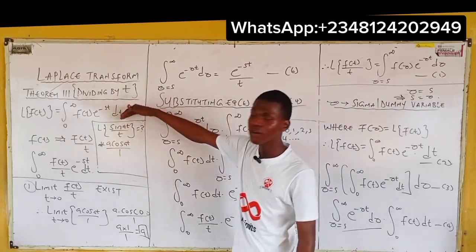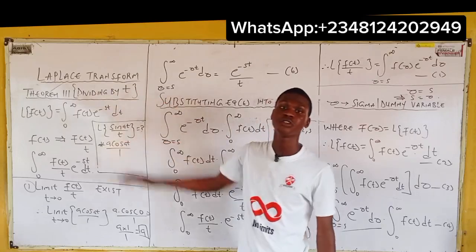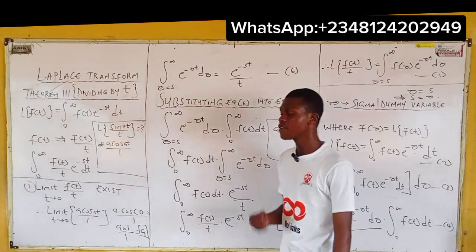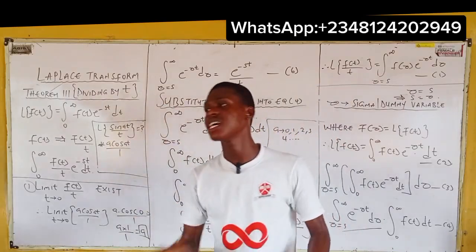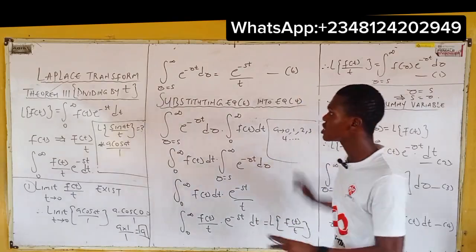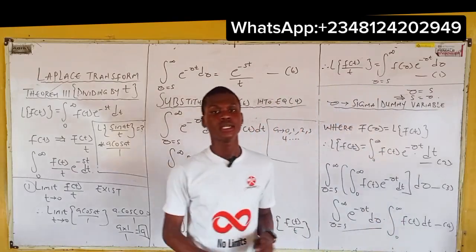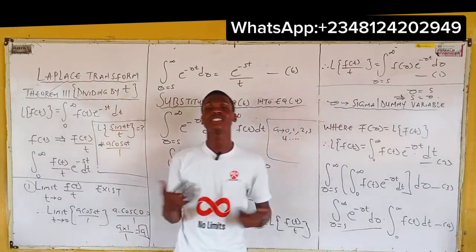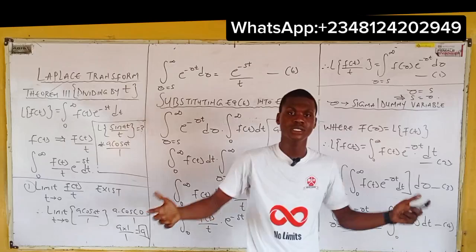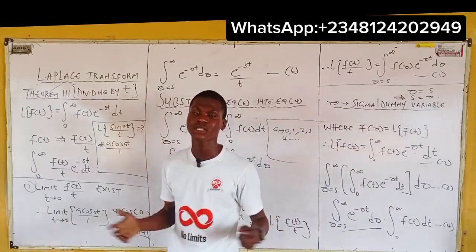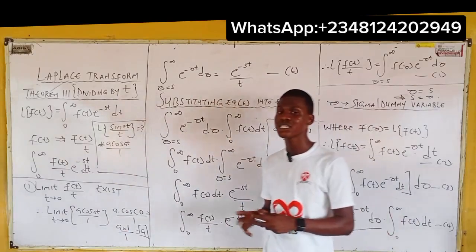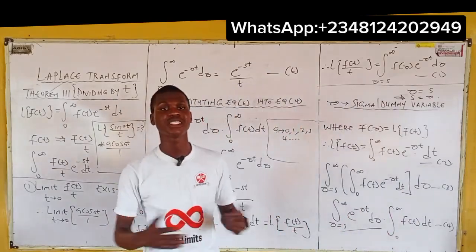Take the derivative of the numerator and the derivative of the denominator, then substitute t equals 0. If you have a finite answer, the limit exists, but if you don't, it does not exist, hence these whole steps cannot be implemented. You find an alternative method, say the numerical approach or any method whatsoever, to solve that very question. So this is what the third theorem on Laplace transform is basically saying.